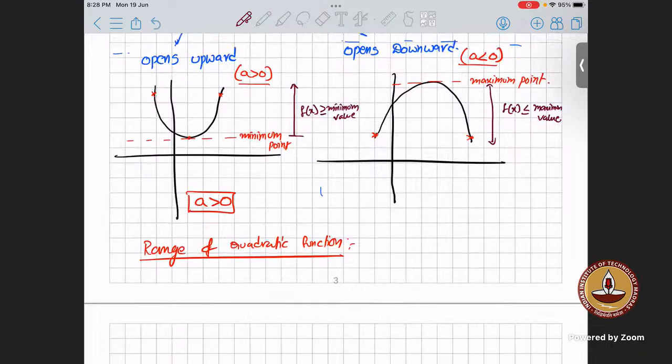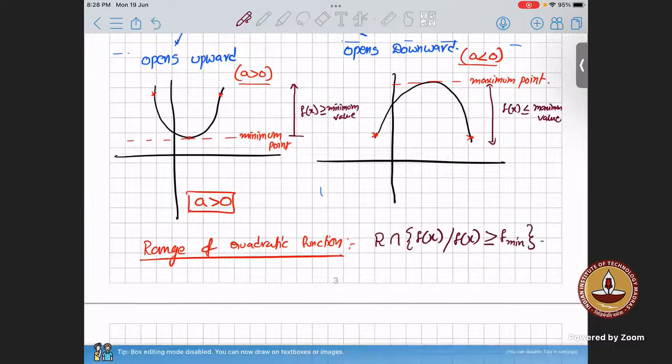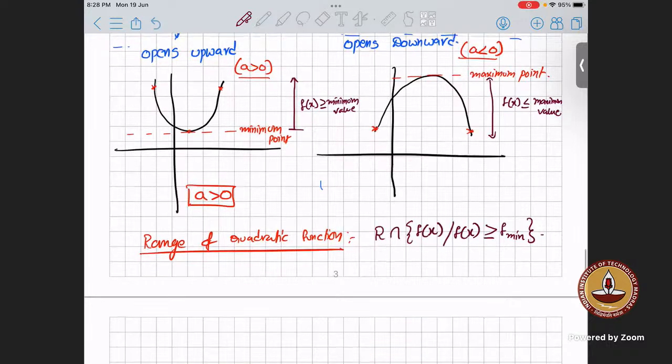Range can be written as real numbers from which we remove values. Whenever there is a greater than symbol, this is the minimum. Are you getting the point? This is the same thing we are writing in mathematical form.